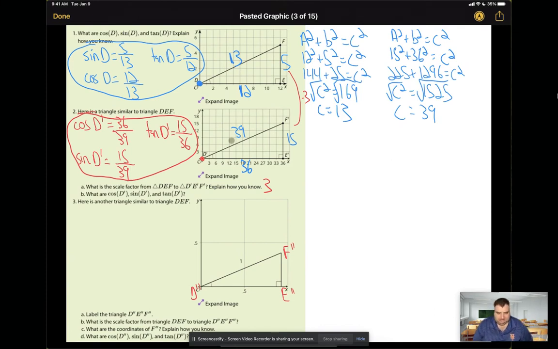So let's figure this out here. So I know that the radius in this case is 1, or excuse me, the hypotenuse is 1.